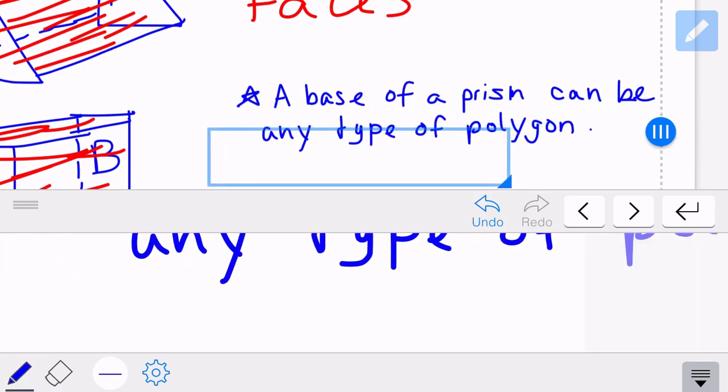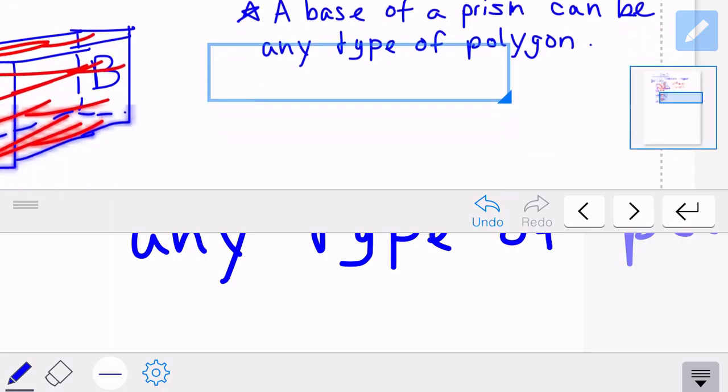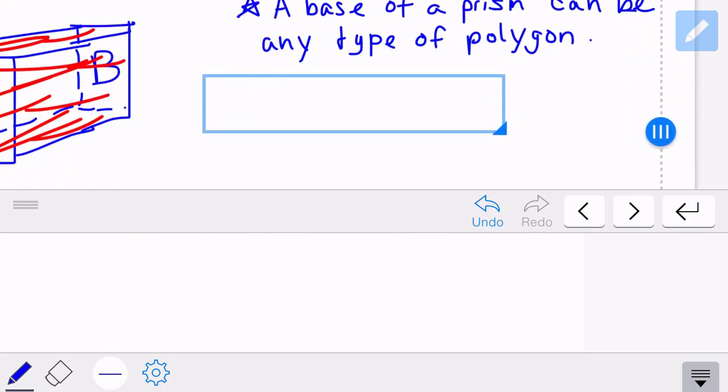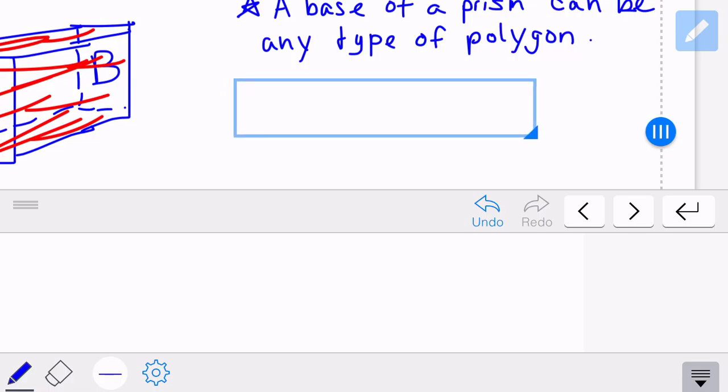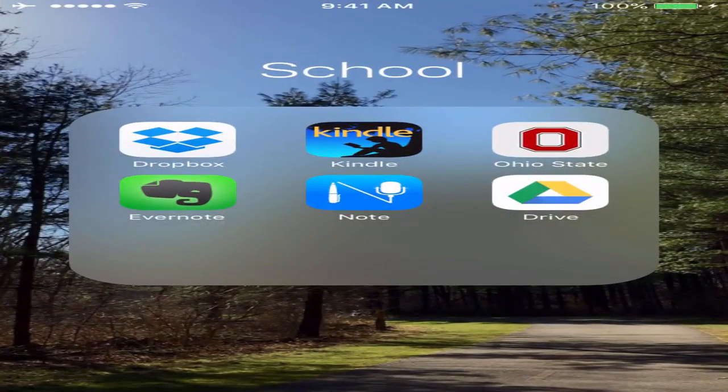So you could have a hexagonal prism where the two bases are hexagons, or a pentagonal prism where the bases are pentagons. So I'll just show you what that may look like here in a second.